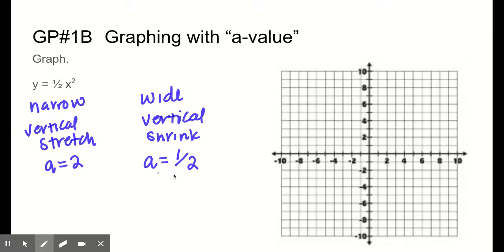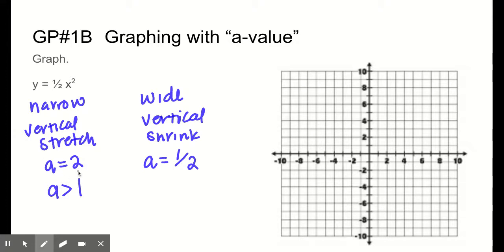Now, when you think of these numbers, I want you to think about the absolute value of these numbers. We're not concerned about the fact that they're positive or negative or anything like that, because remember, the negative simply causes our graph to reflect across the x-axis. But when the absolute value of our A value is greater than 1, that's when we're going to have this vertical stretch happen.